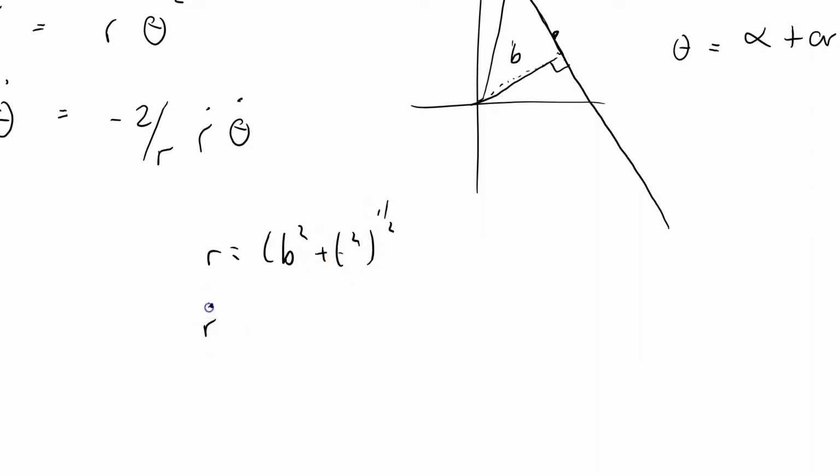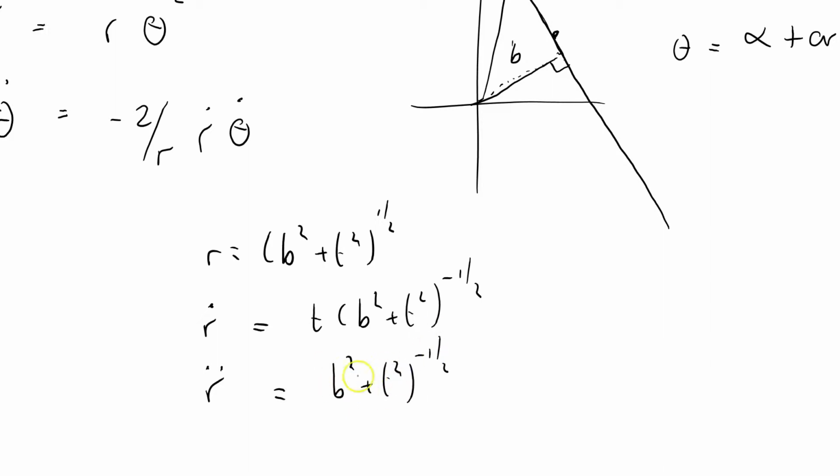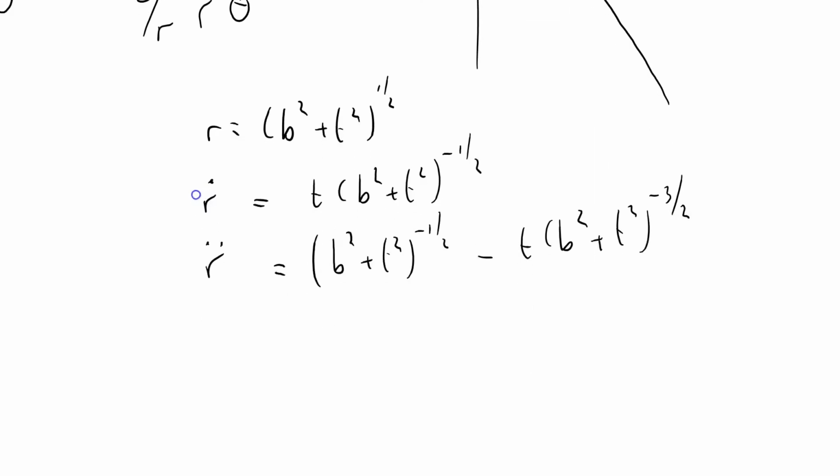That means that r dot equals t times b squared plus t squared to the minus 1/2, and r double dot equals b squared plus t squared to the minus 1/2, minus t times t, times b squared plus t squared to the minus 3/2.